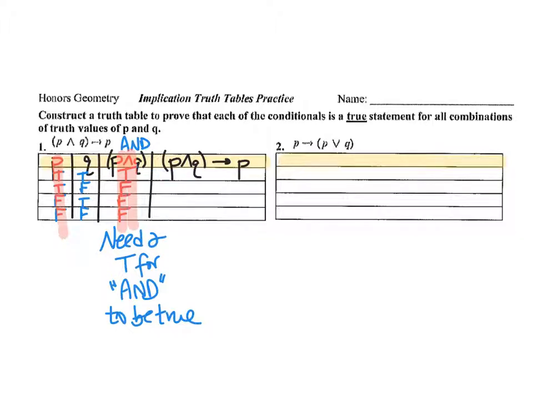So we're doing P and Q implies P. Again, the only time that implies is false is when it's a true hypothesis and a false conclusion. True implies false is false.